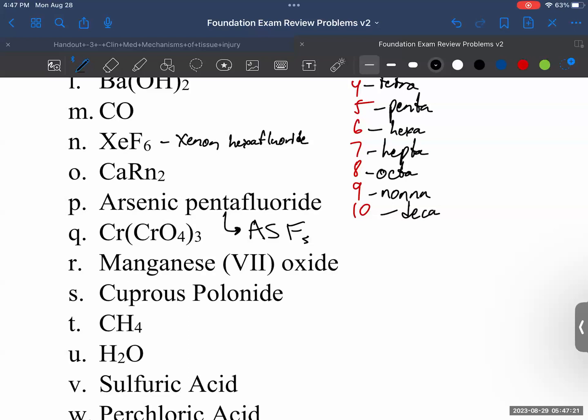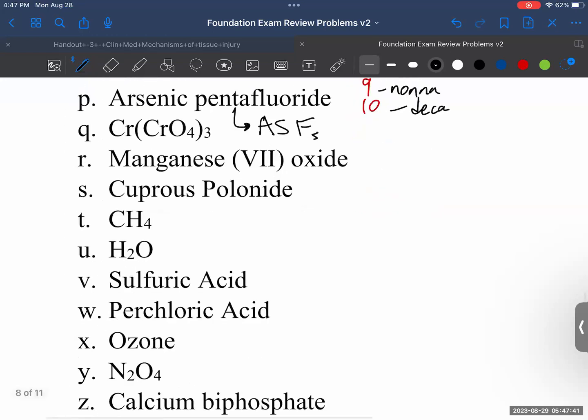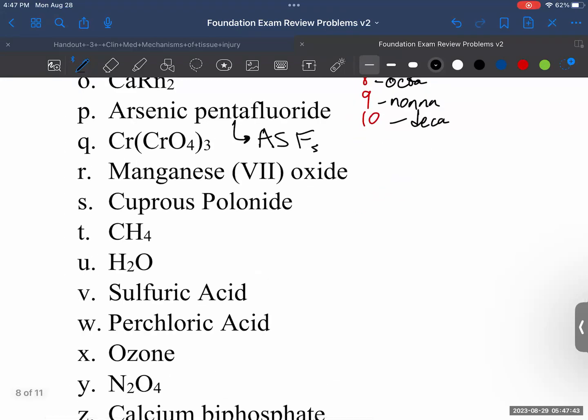Say there were two arsenics though, you'd still say diarsenic. That makes sense? Basically, if the first element only has one of them, then don't use a prefix for the first one. But if they have multiple, then go crazy with your prefixes.